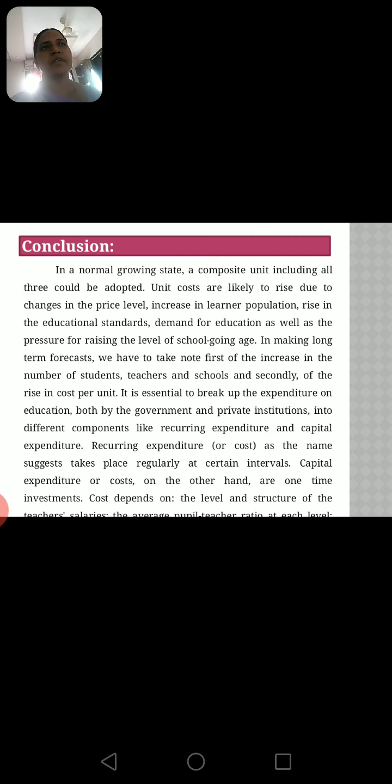Capital expenditure or costs, on the other hand, are one-time investments. Cost depends on the level and structure of the teachers' salaries, the average pupil-teacher ratio at each level, the non-salary costs of education, and the capital cost for buildings and other equipment.